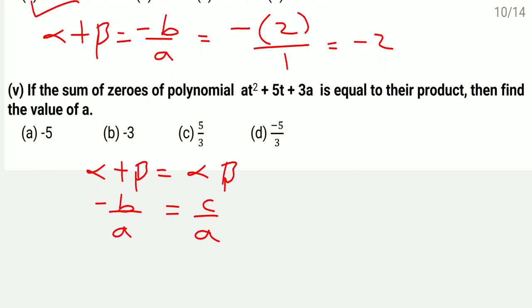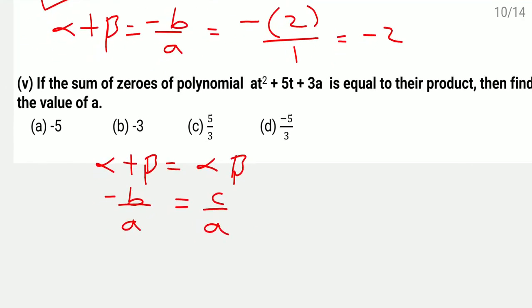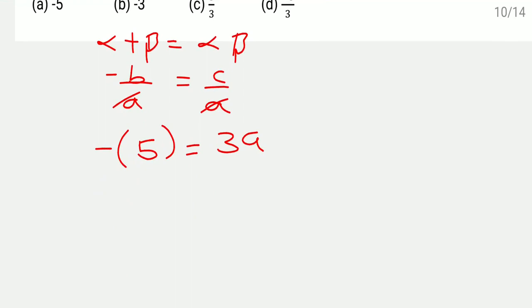So here, this denominator we can easily cancel. So minus b. Minus b means what? Value of b is 5. And c is what? 3a. So I have written 3a in place of c.